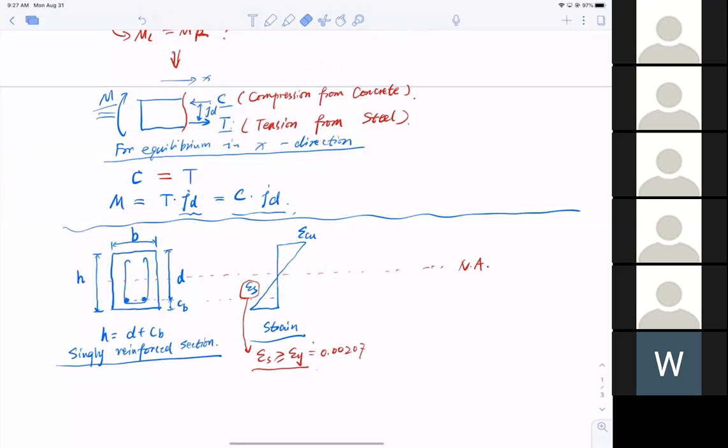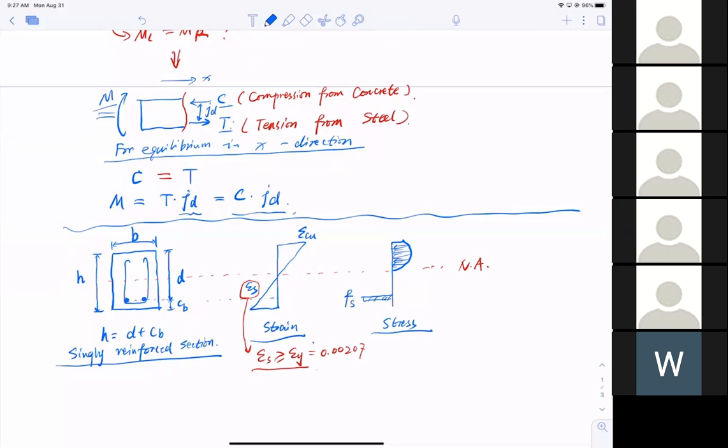So that is the linear strain distribution for the section. Now I'm going to draw the stress. For concrete, it's not a linear material, so the real stress distribution looks pretty weird. It looks like a bulge shape like this. That's in compression, and the tension of the steel looks similar to this.